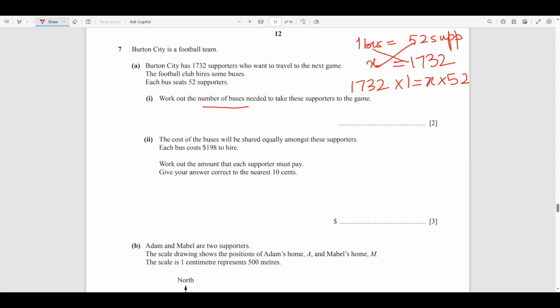So it's 33.3. Okay, now we need to see that you cannot have 33.3 buses. So this is the case where you have to round it off forward, because 33 buses are full of supporters, but you will still need to hire another bus for the remaining number of people. So I think the answer should be 34.